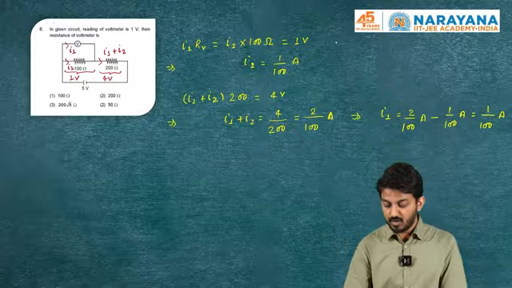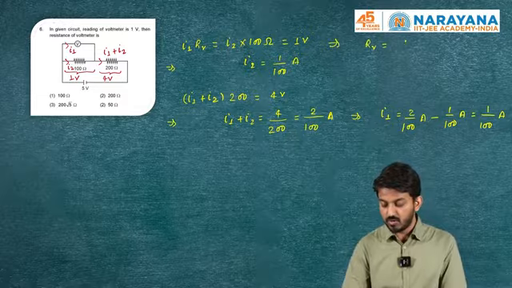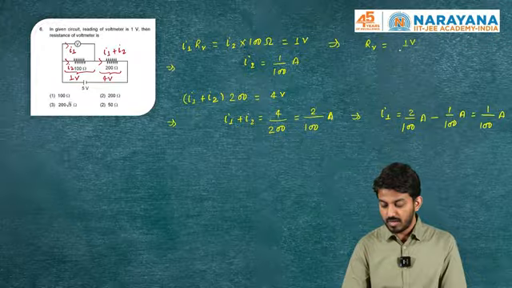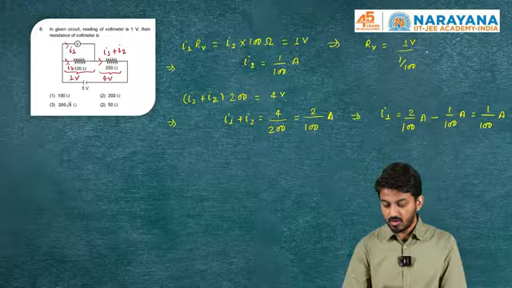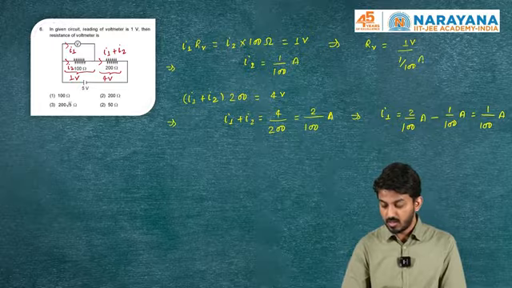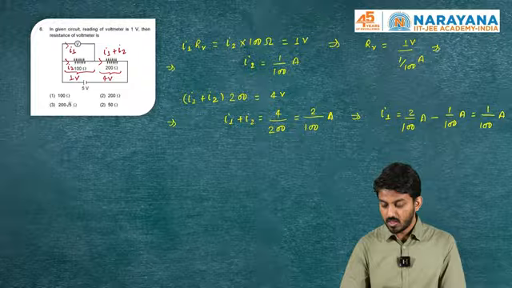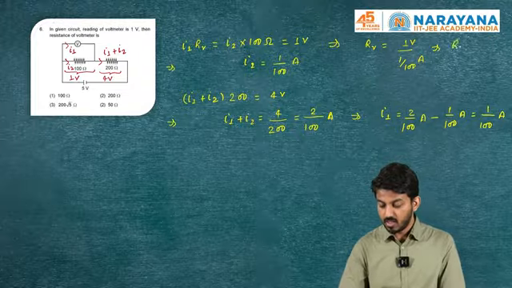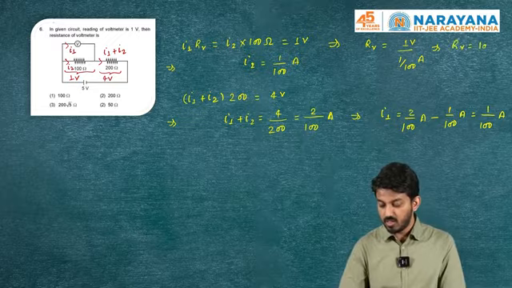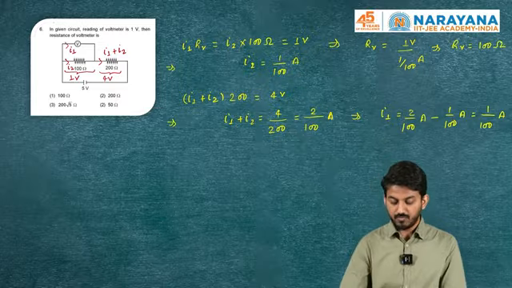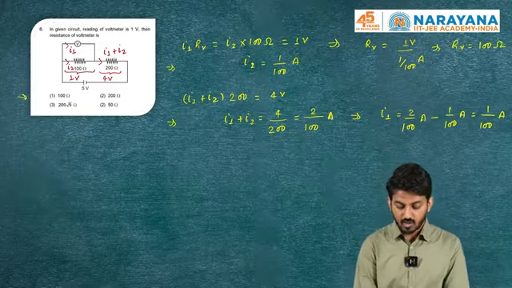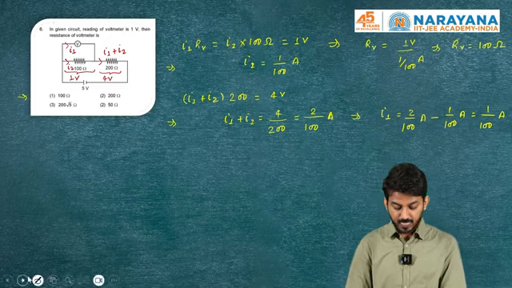Now, once we know I1, from the same equation we can get RV is equal to 1 volt divided by 1 over 100 ampere, giving us RV is equal to 100 ohm. So answer is first one.